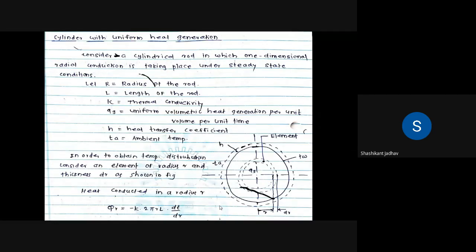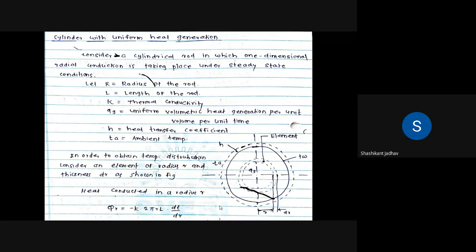So the heat transfer coefficient we consider as h. Capital R is the radius of the rod, capital L is the length of the rod, and k is the thermal conductivity. So all of you first draw this diagram.